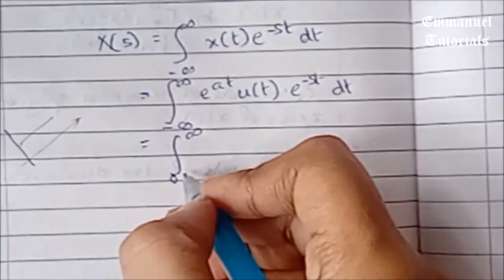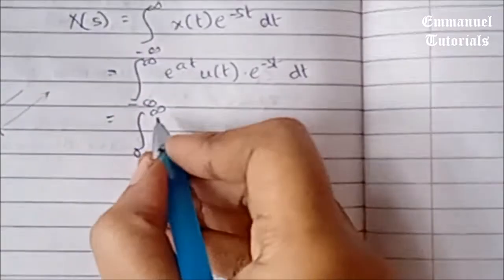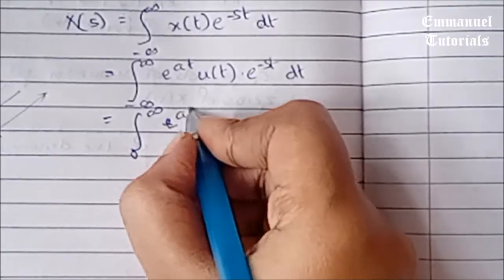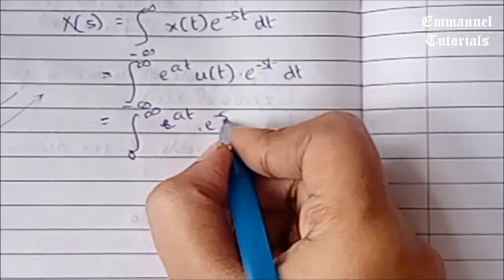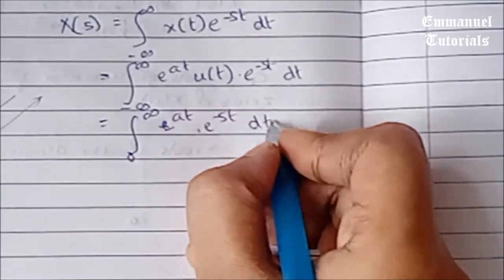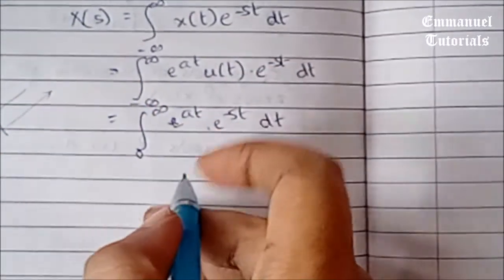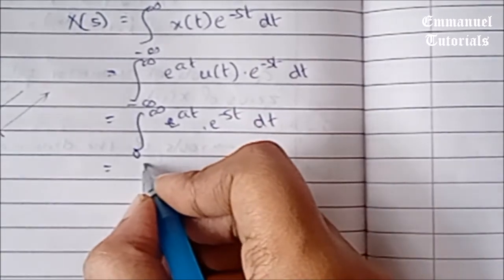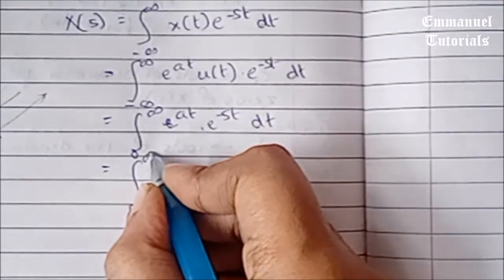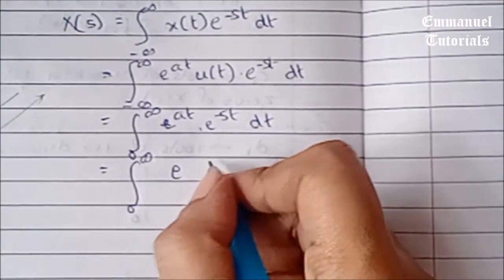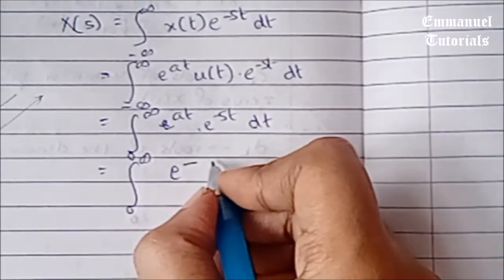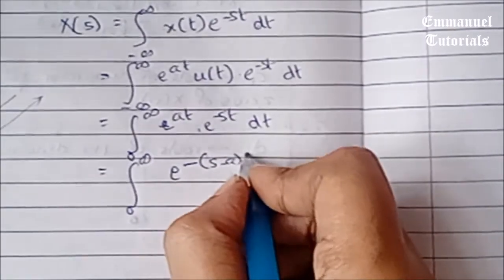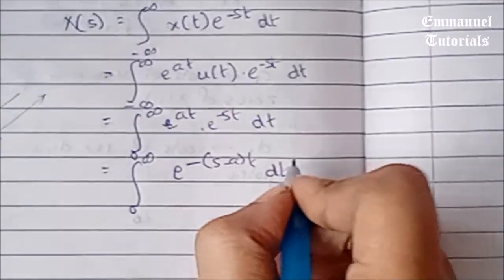So we can say integral 0 to infinity e raised to at into e raised to minus st dt, because now u of t will not be there because we have already changed the limits. Now if we take t common, we'll have integral 0 to infinity e raised to minus s minus a t dt.